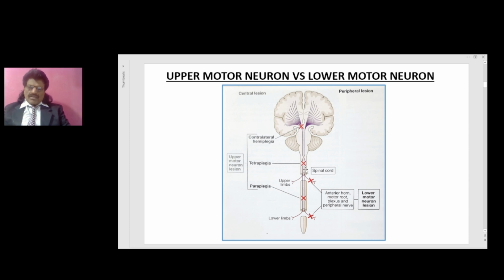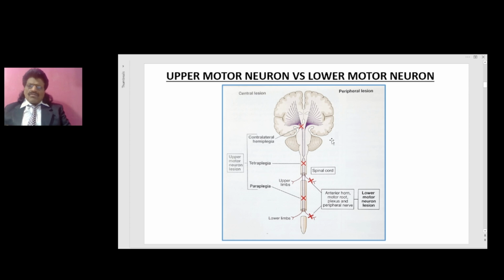Likewise, when it comes to the anterior horn cell, from the anterior horn cell it descends and goes as the motor root, plexus and the peripheral nerve, which is called the lower motor neuron. So lower motor neuron also has two components, one coming from the anterior horn cell and coming as peripheral nerve, second from the motor part of the cranial nerve nuclei coming as the cranial nerves.